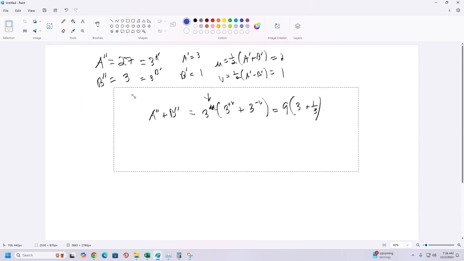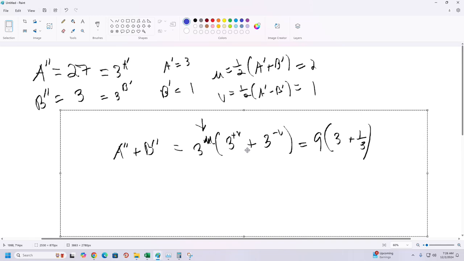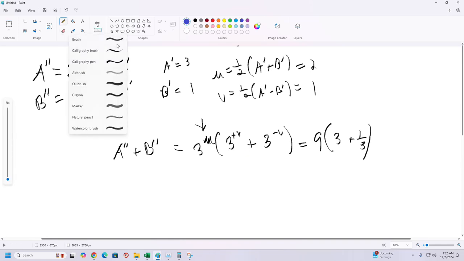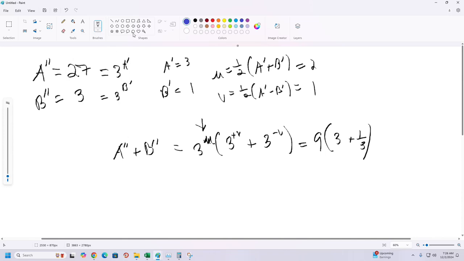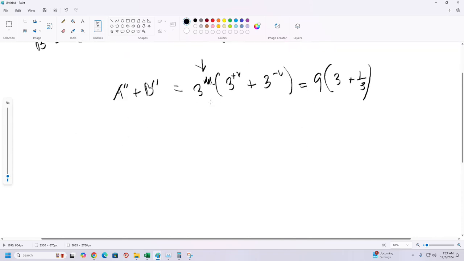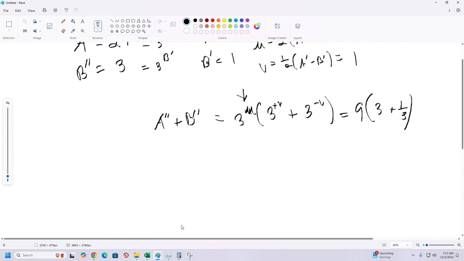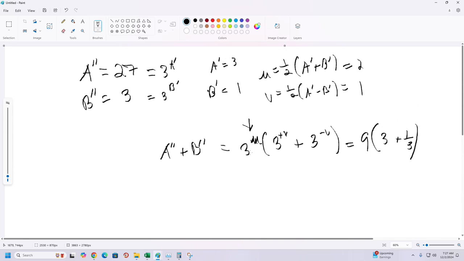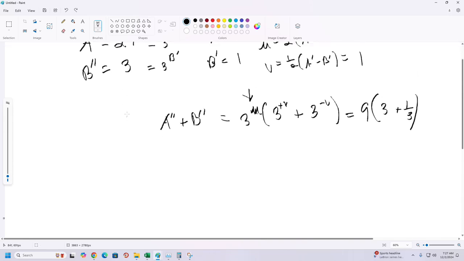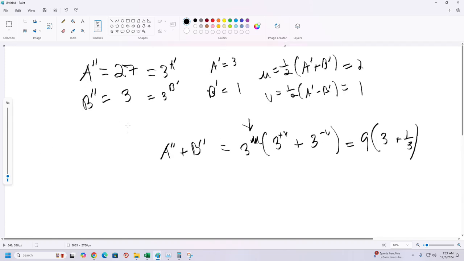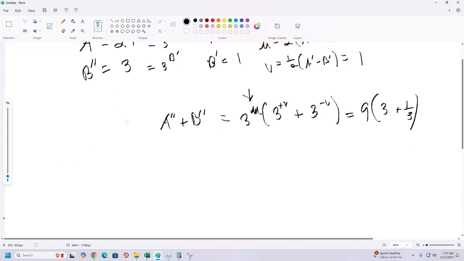Okay, so we have this expression. Trump is 27 votes. Kamala's 3 votes. So what we have here is the identity. Okay? If we divide this by 3 to the u, which is 9, then what we're saying is that a, not a double prime or a prime, a equals 3 and b equals 1/3.